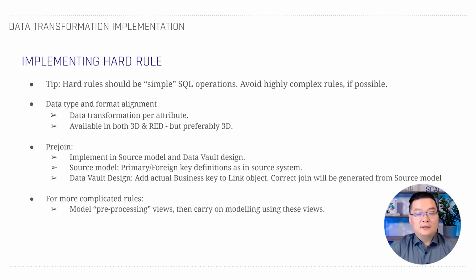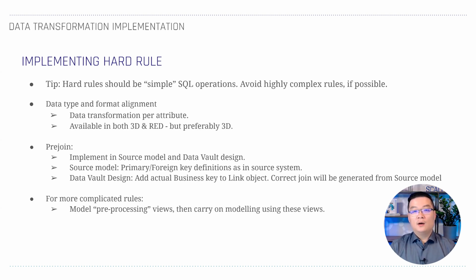So when implementing data transformations or hard rules in WhereScape, my tip for you is certainly to implement alignment logic that fixes data type or data format in simple SQL operations. So absolutely try to avoid complicated logic. The reason being, rules that are too complex can fail and interrupt the raw vault loading patterns, and this happening right at the start of the data warehouse loading chain is not optimal.